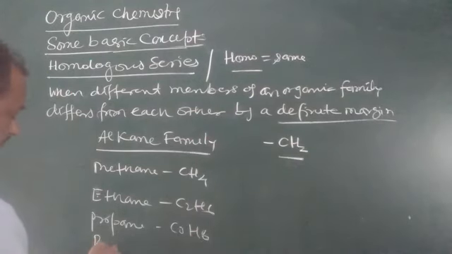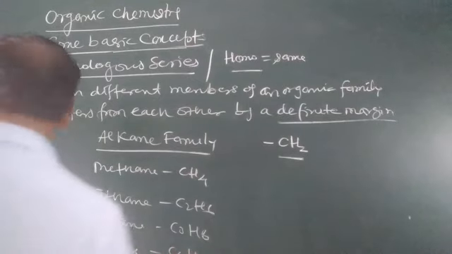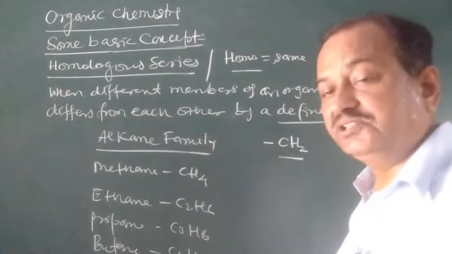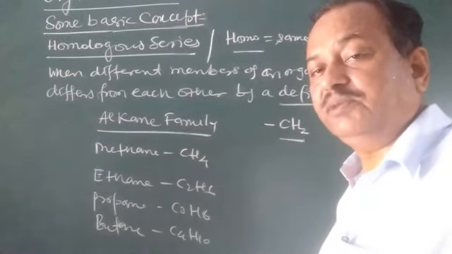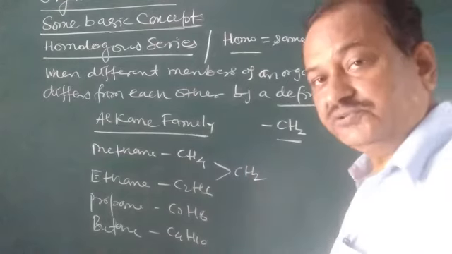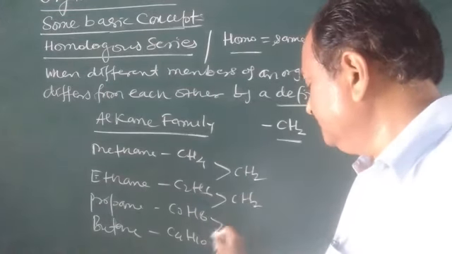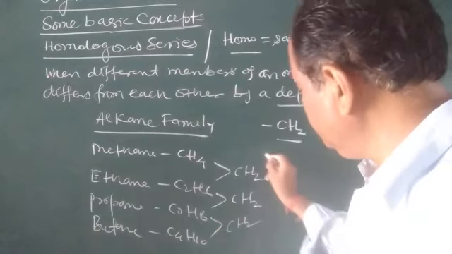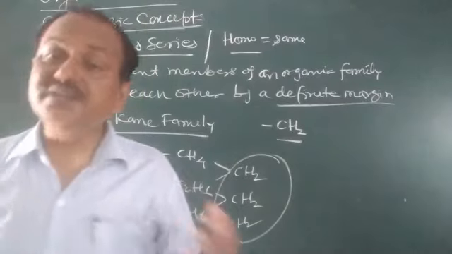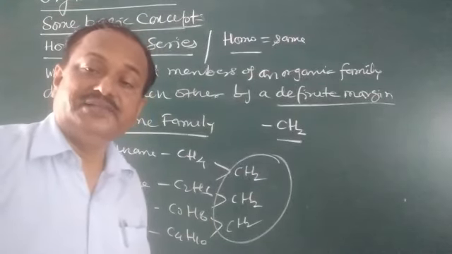Fourth is butane, C4H10. Now they differ from each other by which margin? They differ from each other by CH2. So this is there. So not only the alkanes, but alkenes also differ from each other by this constant margin.